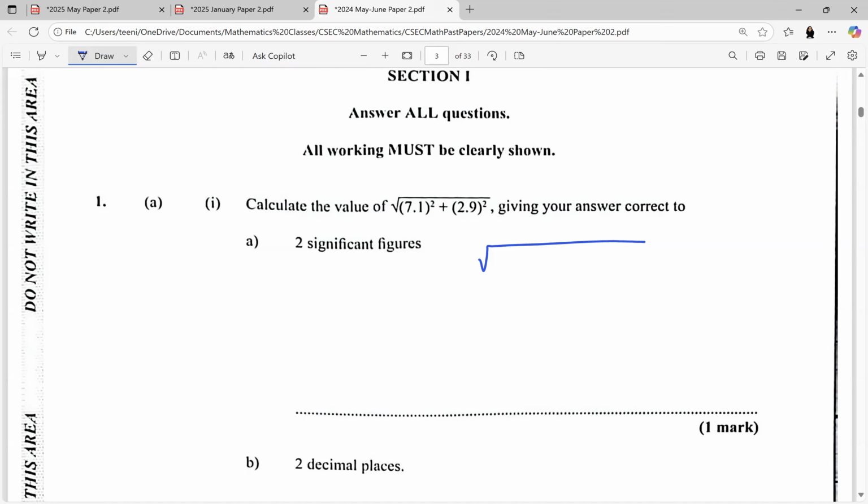Faith, what is 7.1 squared? Faith, are you there? 7.1 squared? 50.41. 50.41, okay. And Josh, what is 2.9 squared?